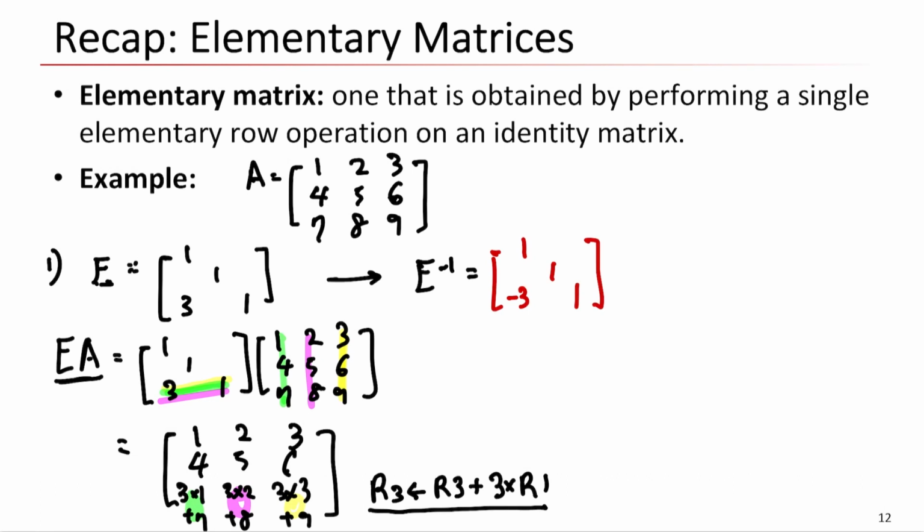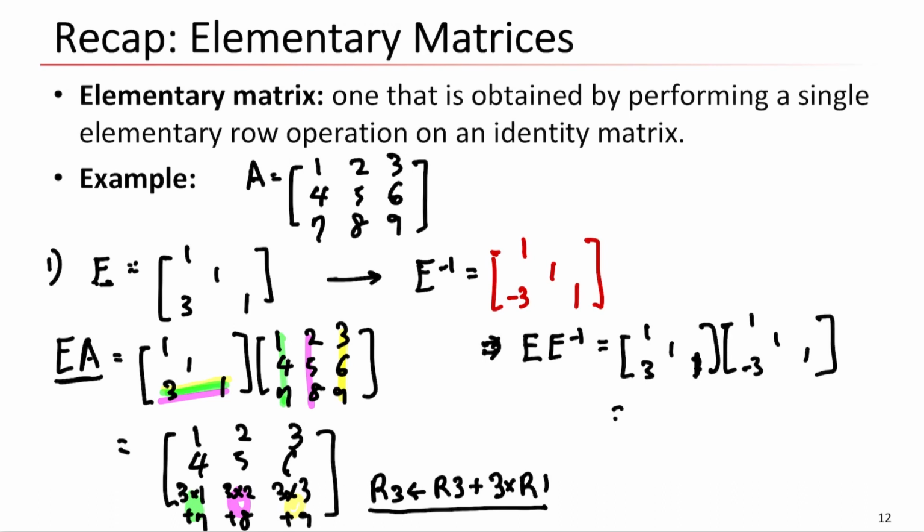To prove this concept we need some definitions, but we can easily see that E times inverse E is going to be 1, 3, 1, 1, -3, so it means 1, 1, 1, 0, right?